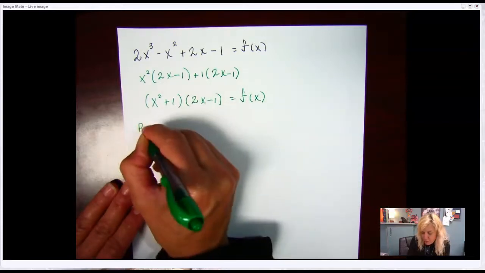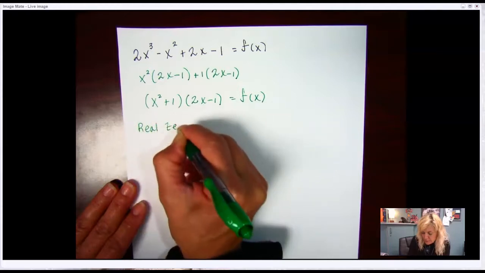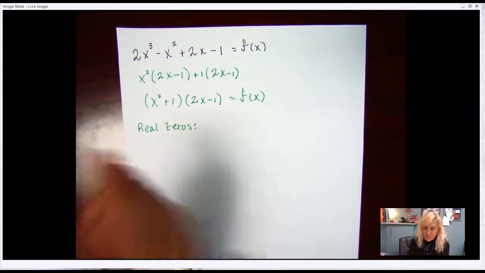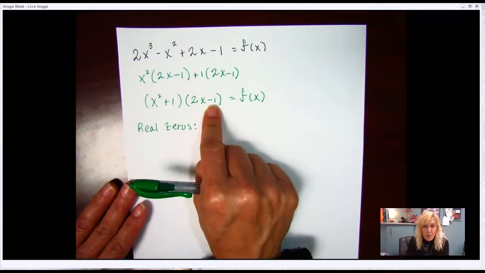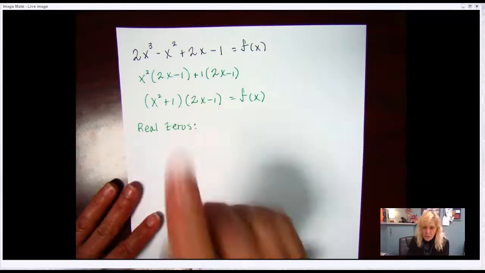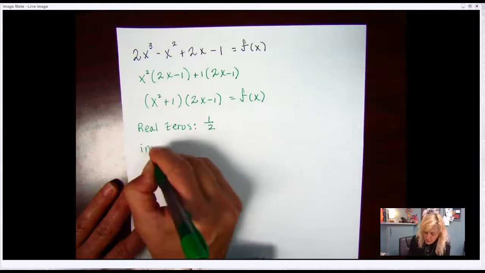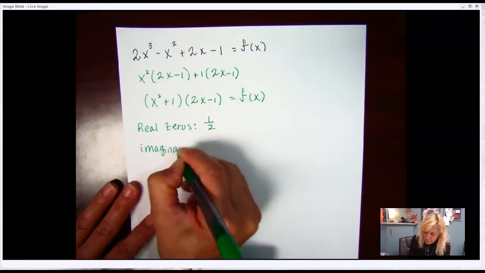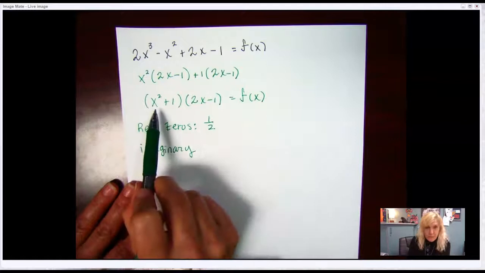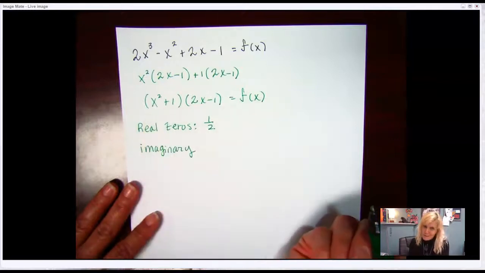So if I want the real zeros, well, we only have one real zero. The one real zero is going to be this. If I solve for x right here, I would get a positive 1/2. If I solve for x for this other factor, y'all, it would be imaginary.